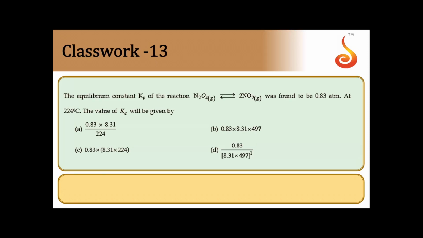13th one. The equilibrium constant Kp of the reaction N2O4 giving rise to 2NO2 is found to be 0.83 at 224 Celsius. The value of Kc is. So Kp value is given to us and they ask us the value of Kc.